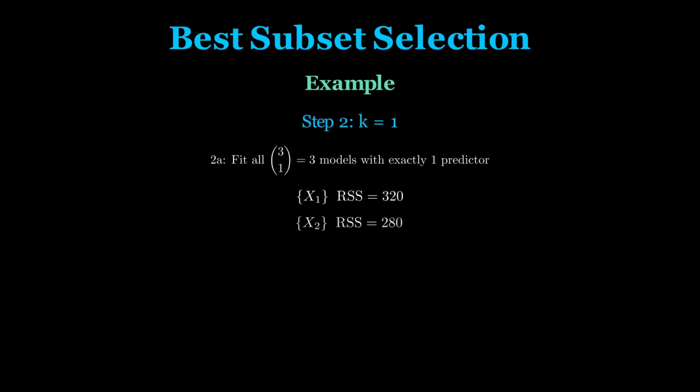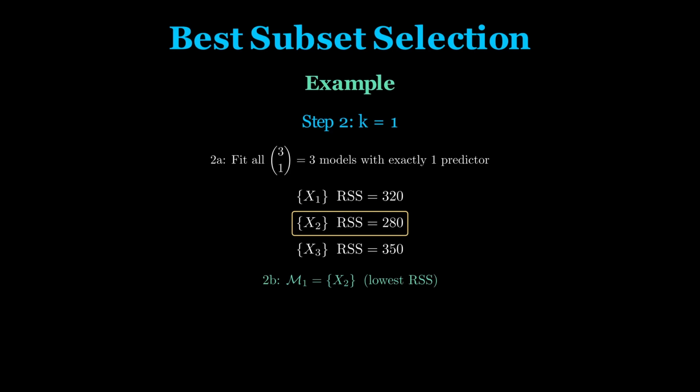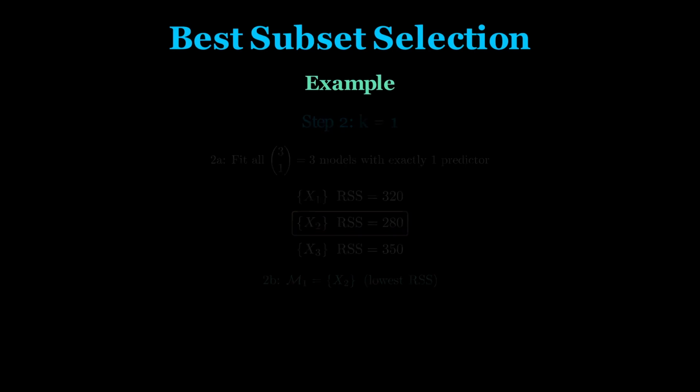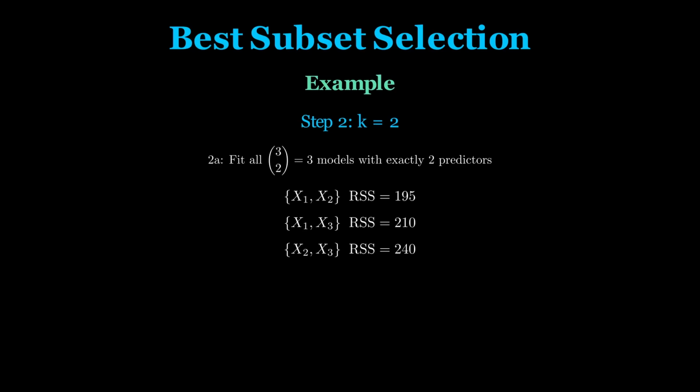For k equals 1, we fit all 3 choose 1 models, each containing exactly one predictor. In this case, the model with x2 has the lowest RSS at 280, so M1 equals the set containing x2. For k equals 2, we fit all 3 choose 2 models with exactly 2 predictors, which includes x1, x2, x1, x3, and x2, x3.